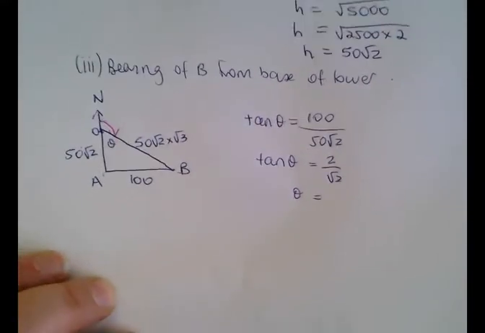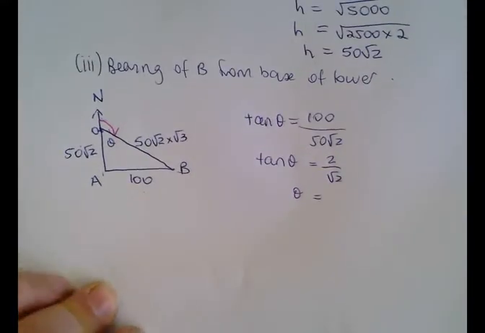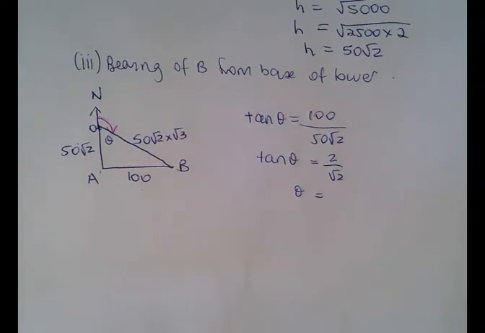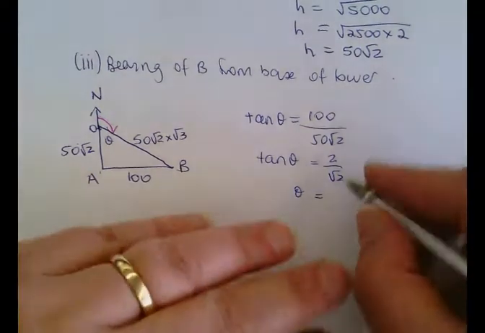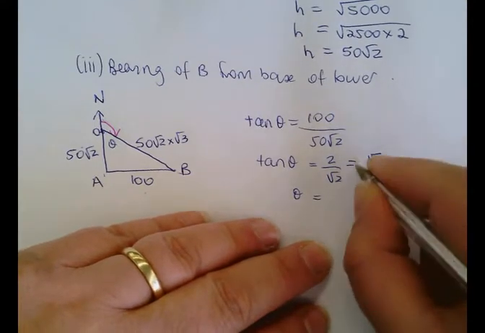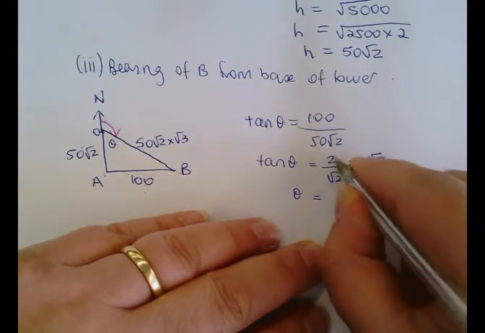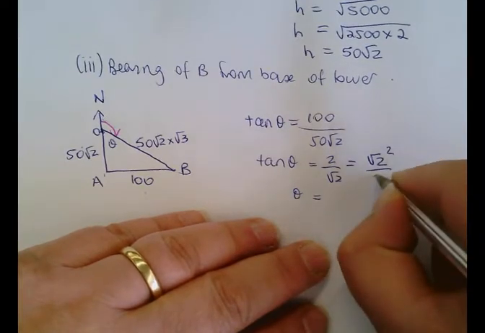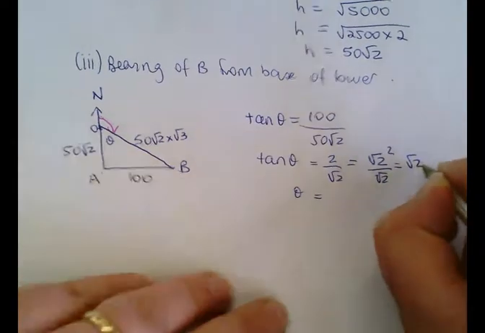Sorry, I'm off page. Well, 2 on root 2, you know, is just root 2. Because 2 is root 2 squared over root 2, which is root 2.